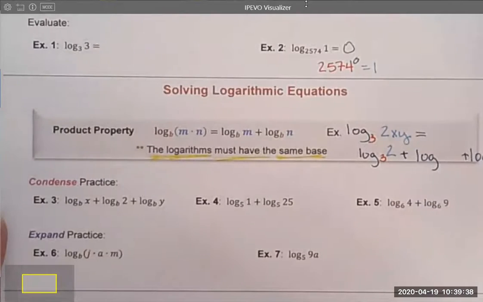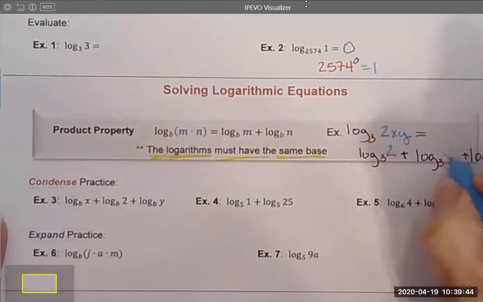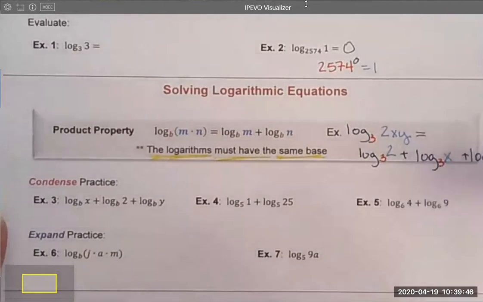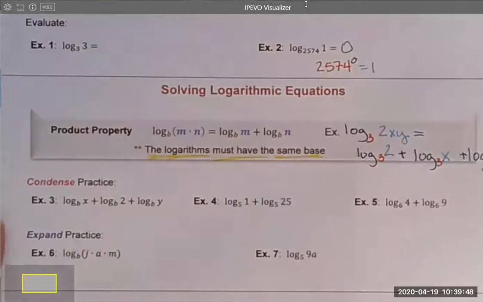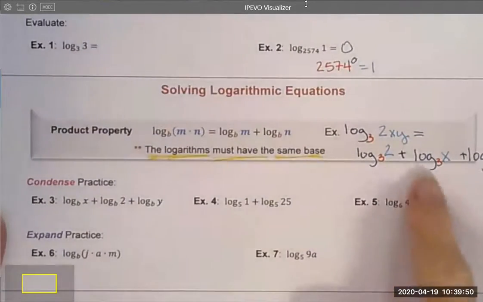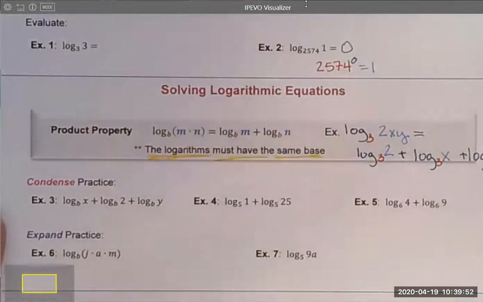So I'm just going to go ahead and write out my logs because I'm color coding and it's a pain to pick up the pens 9 million times. So that's all this property is saying, is that I just string out the logs as an addition statement.